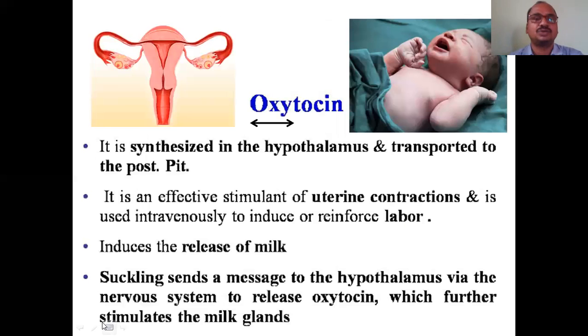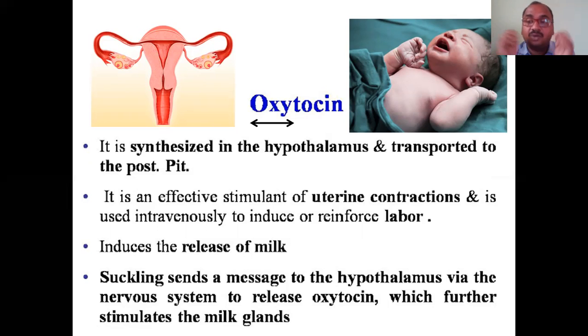Posterior pituitary hormones: oxytocin. Oxytocin is synthesized in the hypothalamus and transported to the posterior pituitary. It is very important for easy delivery. The uterus will be contracted, so the baby will come out easily, very smoothly. That's why doctors give oxytocin injections during the delivery of a baby.